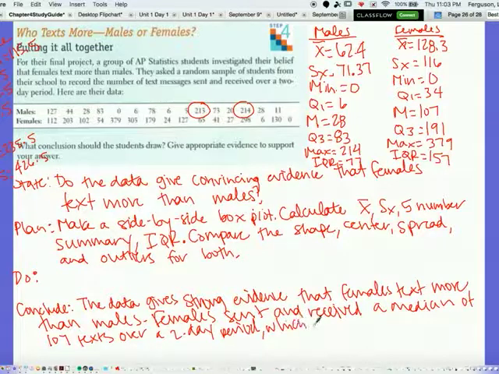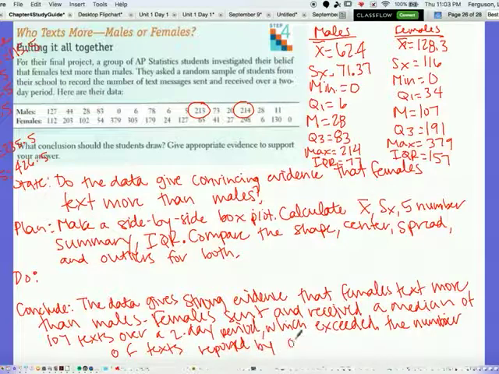Which exceeded the number of texts reported by over 75% of the males.